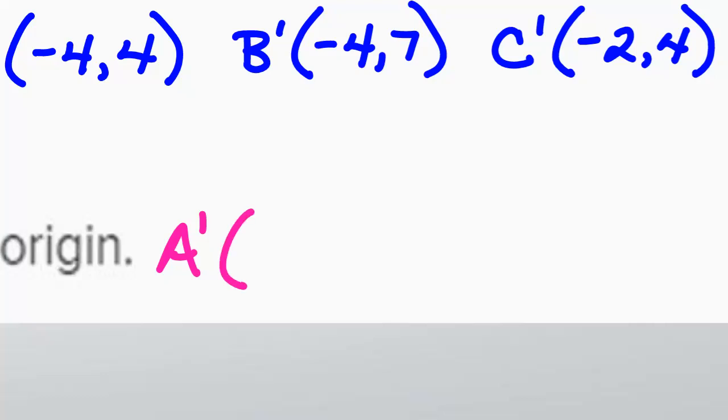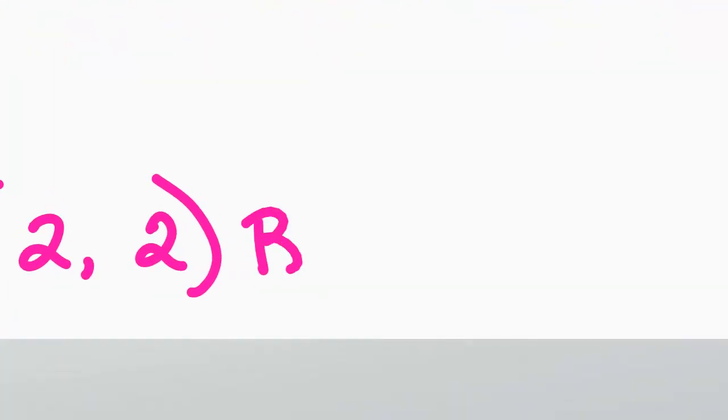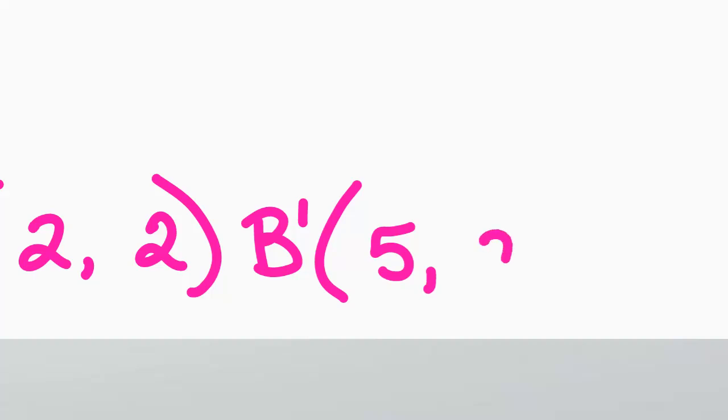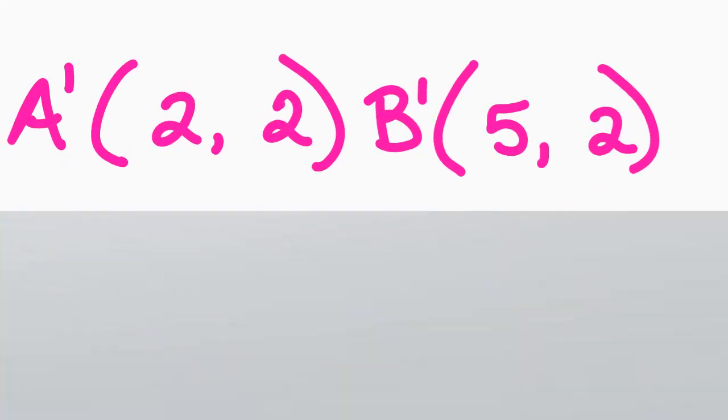A prime, I would still have 2, 2, but I don't know who's positive and who's negative. B prime, it's going to be 5, 2, but I need to figure out who's positive and who's negative. And then C prime, 2, 4.